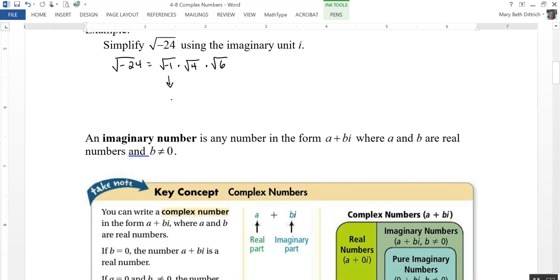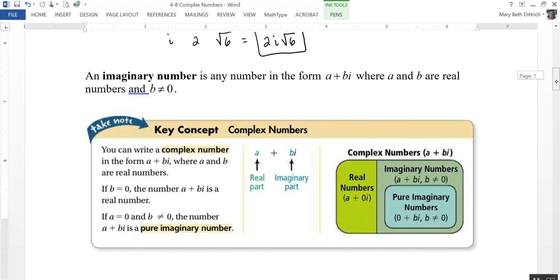So the square root of -1 becomes i. The square root of 4 is 2. The square root of 6 can't be simplified, so that stays the square root of 6. So that's going to give me 2i times the square root of 6. And that's generally how we write it. We almost write i as though it were a variable, although it is not.